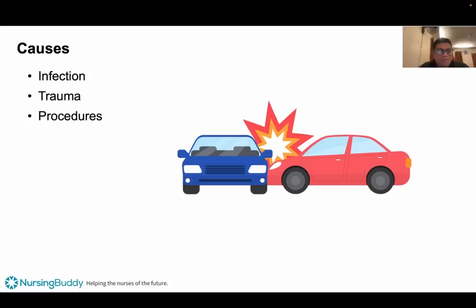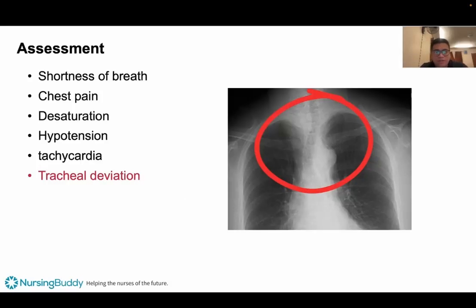Okay, so what are the causes of your pneumothorax? It can be infection, trauma, procedures, or post-operation surgery. Those are the basic causes of your pneumothorax. So what can we assess? Shortness of breath, chest pain, desaturation, hypotension, tachycardia, and a big word in the board examination, tracheal deviation, just like here in your x-ray.